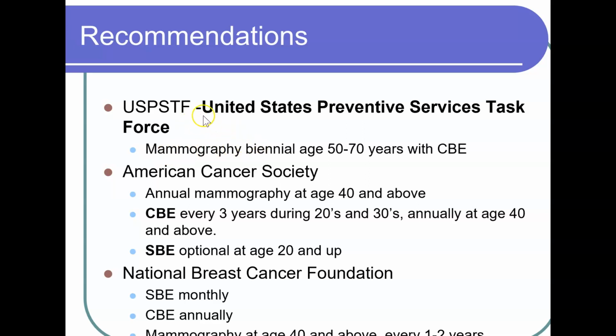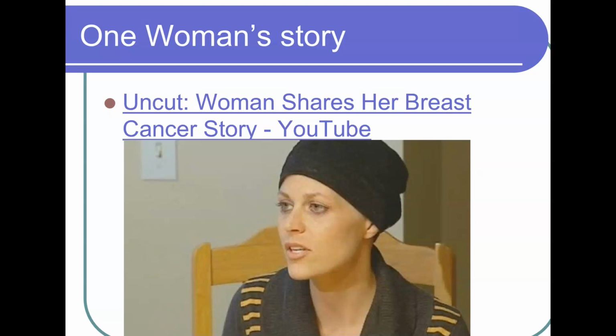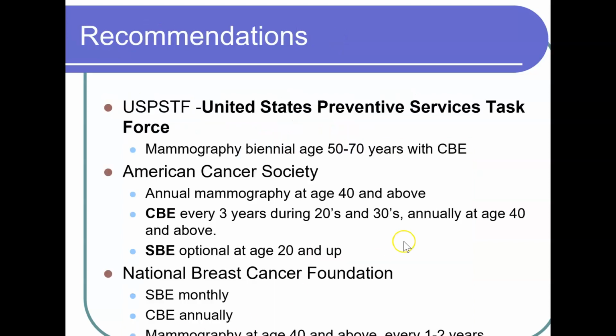So they have the United States Preventive Services Task Force. This works on making sure that biennial, so every 2 years, from age 50 to 70, they will get a mammogram and also have the doctor take a look.